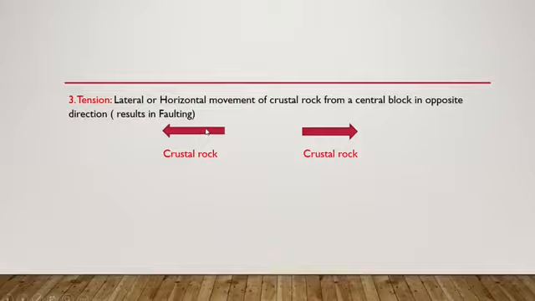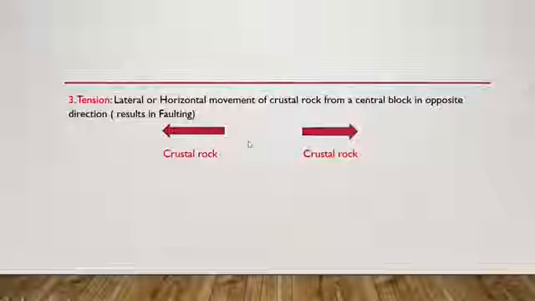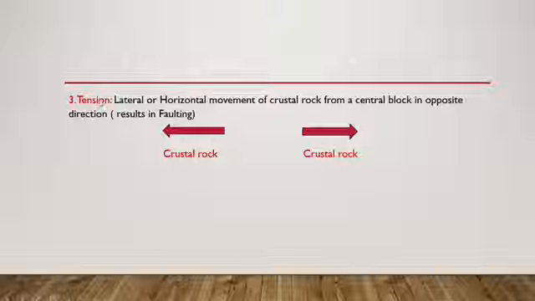Anytime tensional force occurs, it mostly results in what? Faulting. Now, the two main movements, the tensional and compressional force, what you need to understand is that tensional forces mostly result in faulting, whilst compressional force mostly results in what? Folding. But not forgetting, compressional force can also lead to faulting.